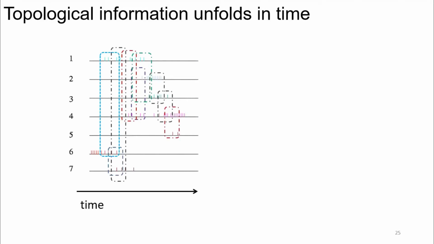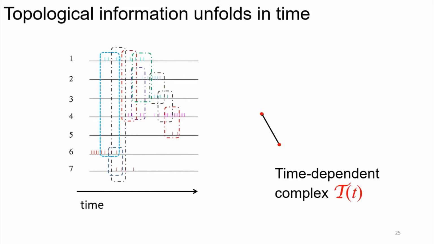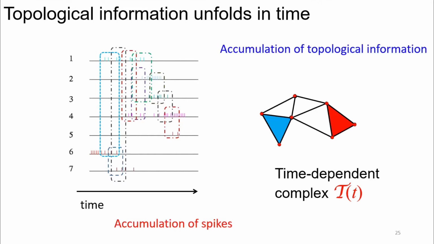The neurons are producing information over time, right? Which means that if I'm building my simplicial complex, it also is going to develop in time. Its topological structure is not going to appear at once. It is going to develop slowly. And basically what I should be able to do is look at the accumulation of spike information and translate it into how topological information is being produced.